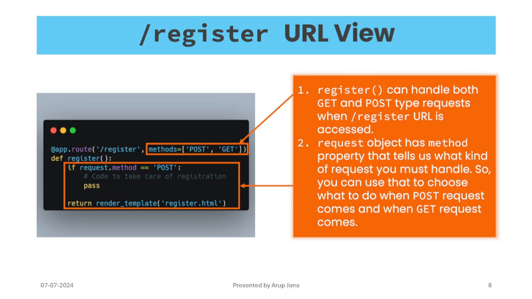That's why we should always make sure that GET request is also handled by this register function. And what we need to do when a GET request is sent, we simply need to return the register.html file.